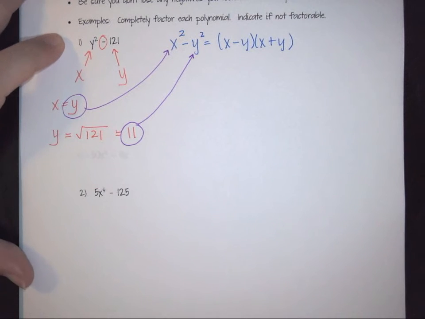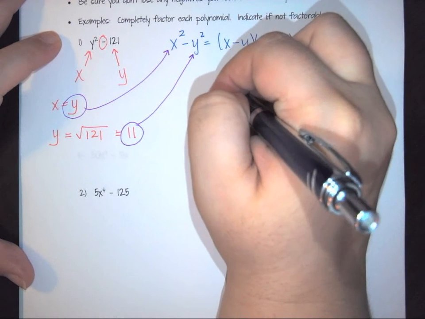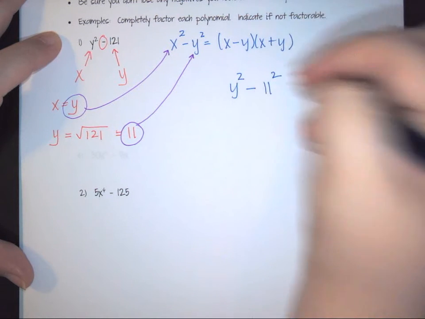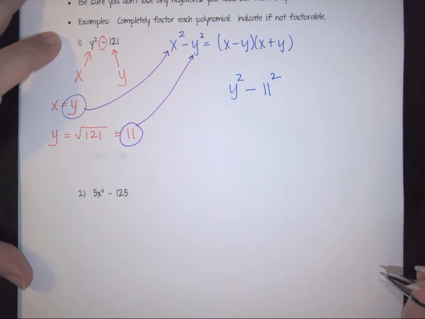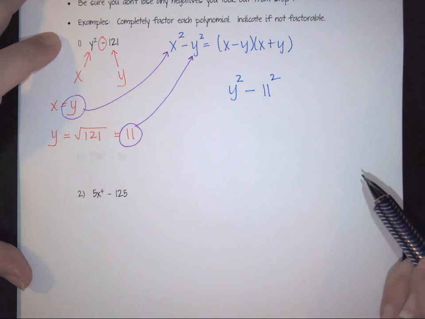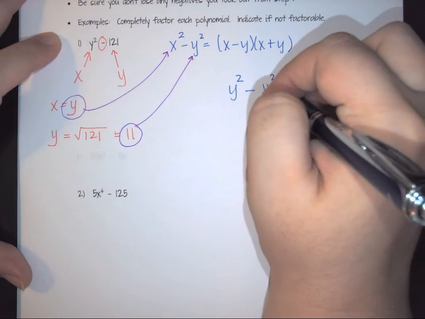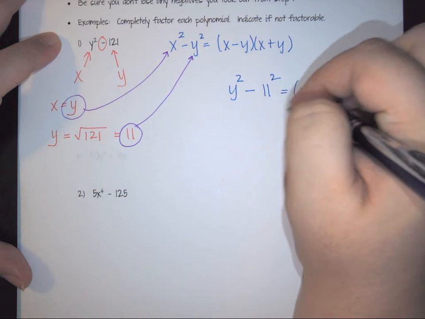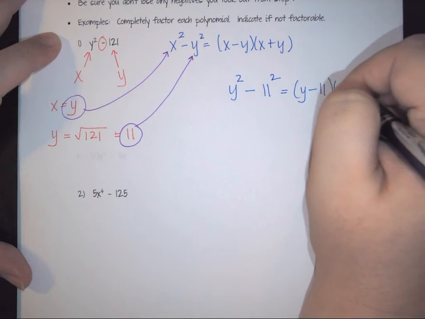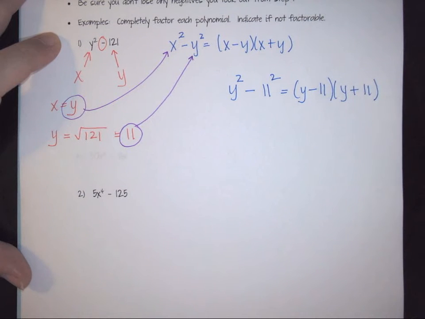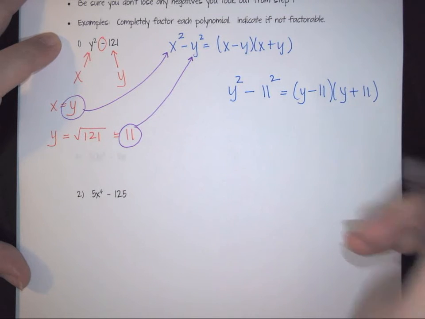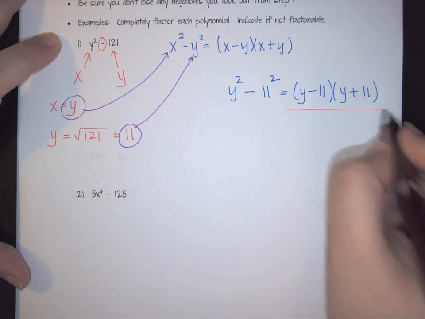So what I have here is y squared minus 11 squared. So because of that, I can actually write my equations out. So this is going to be the same thing as saying y minus 11 times y plus 11. And that's all we need. This right here would be my factored form.